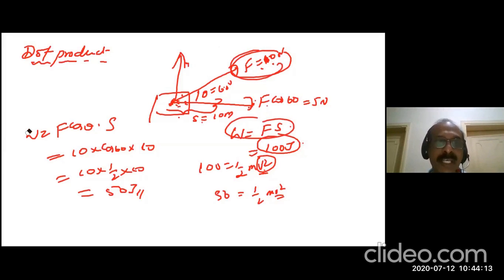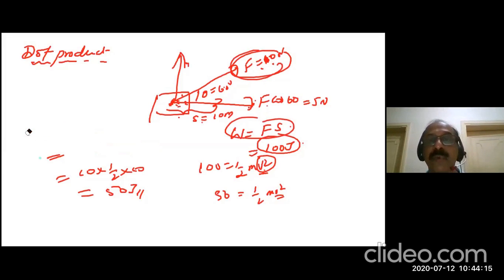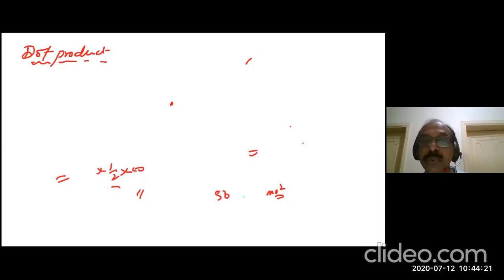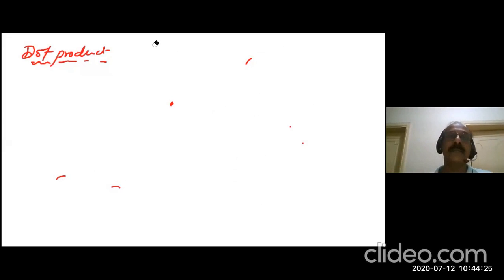In smaller classes you studied work is equal to force into displacement. But in higher classes we cannot go so easy. You should know the force component also, that means F cos theta. Suppose this is an object. Here you are exerting a force of 10 Newton, making a displacement of 10 meter.